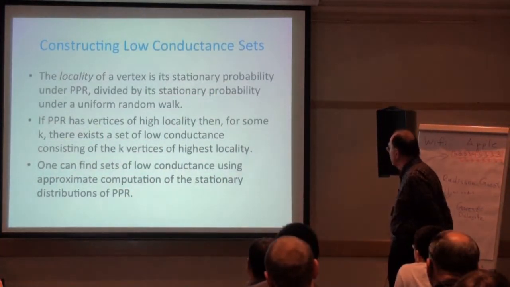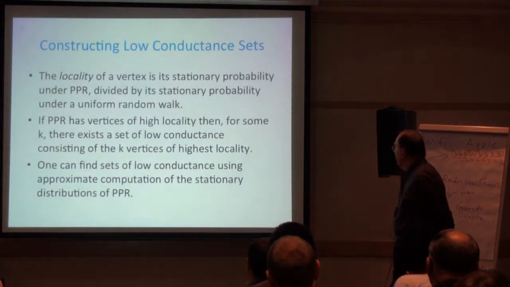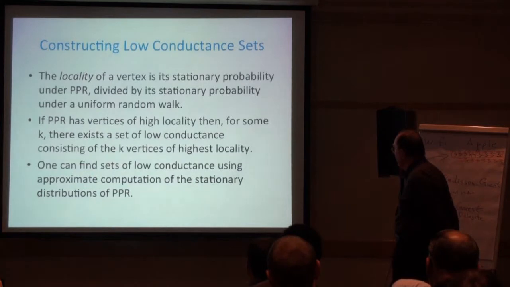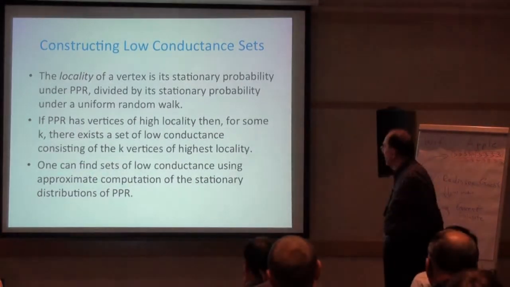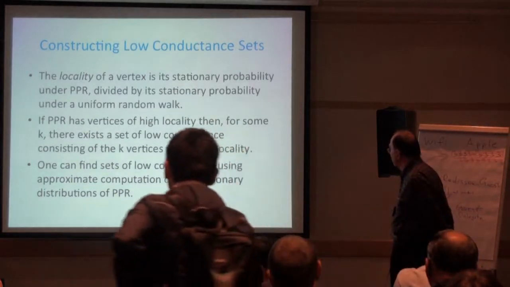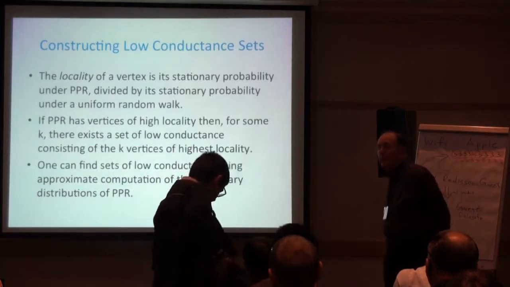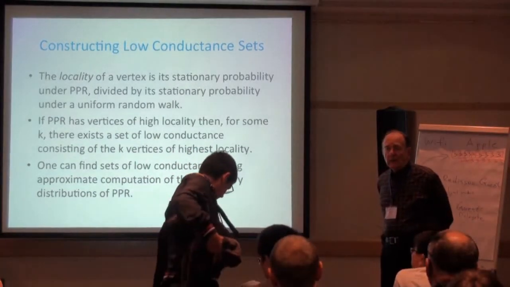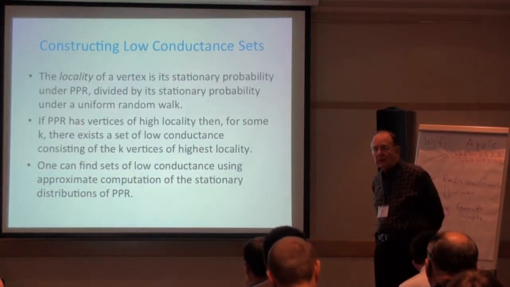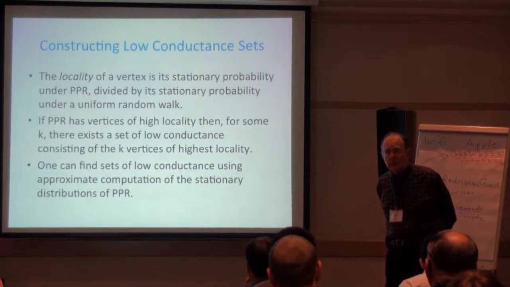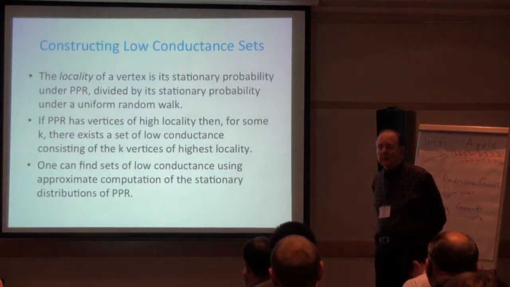I won't cite a precise theorem, but the tone of the theorems is that if the personalized random walk has vertices of high locality, then there will exist a set of low conductance obtained by taking, for some k, the k vertices of highest locality, highest ratio of local to global stationary probability, and considering those as the local set.